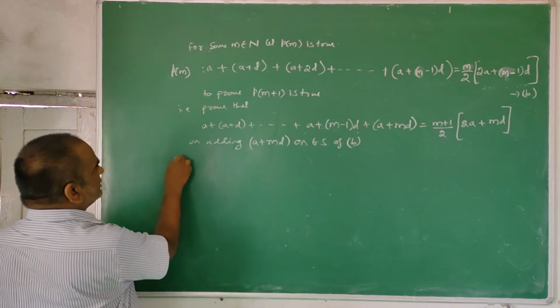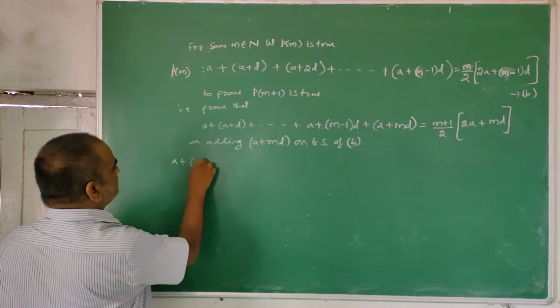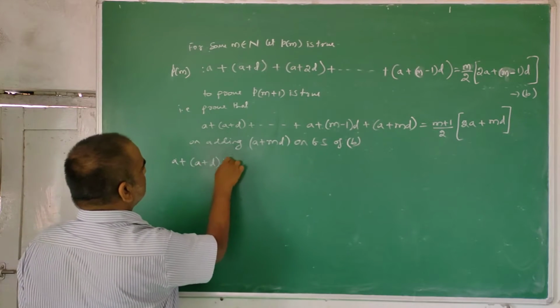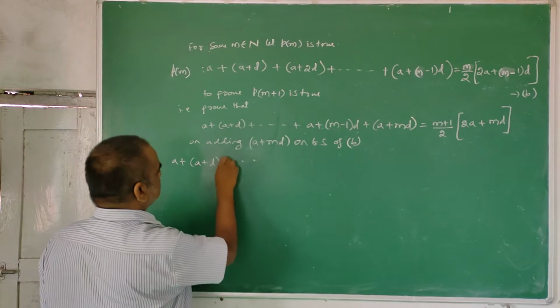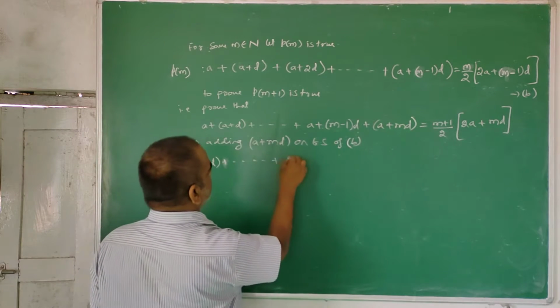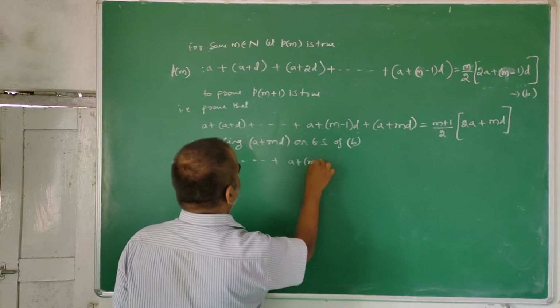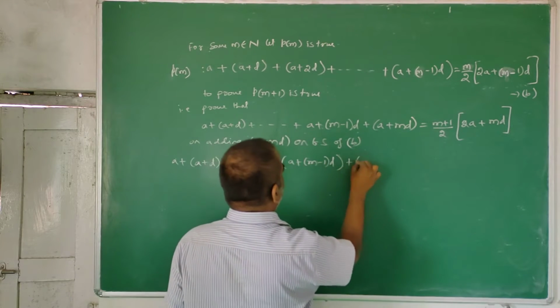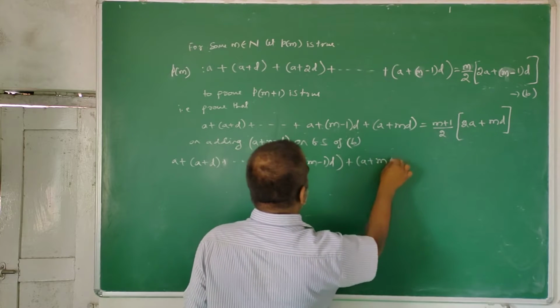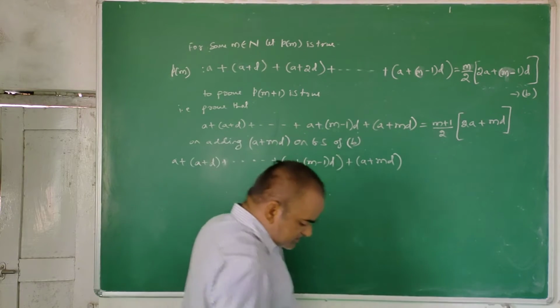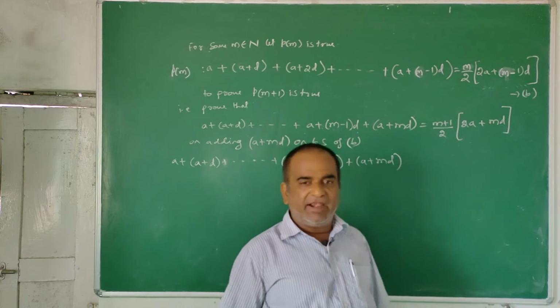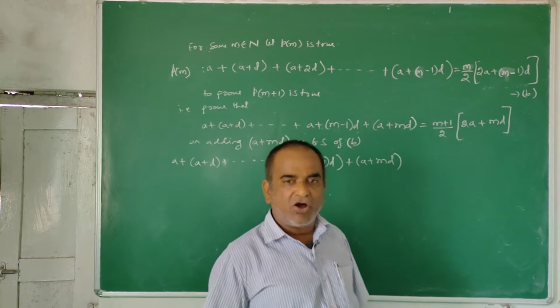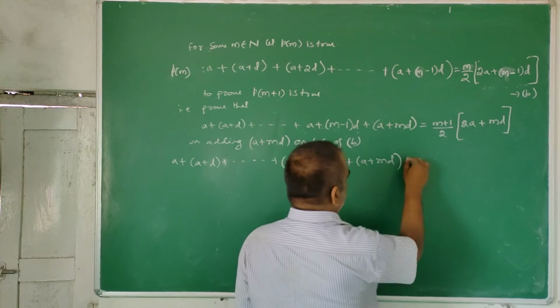So now a plus (a plus d) plus so on plus (a plus (m minus 1) into d) plus (a plus md). On the LHS we have added, so we have to add on the RHS too.